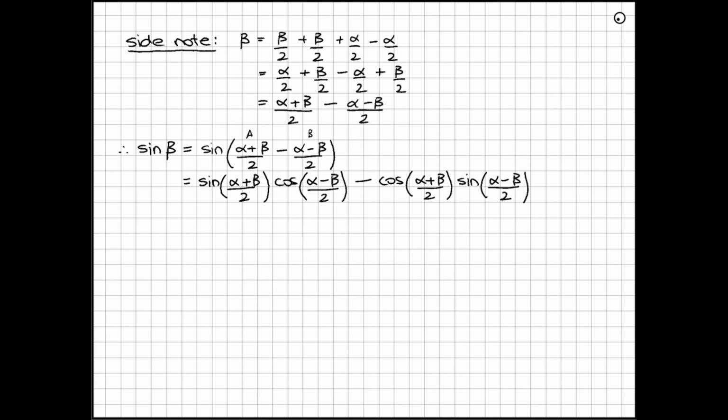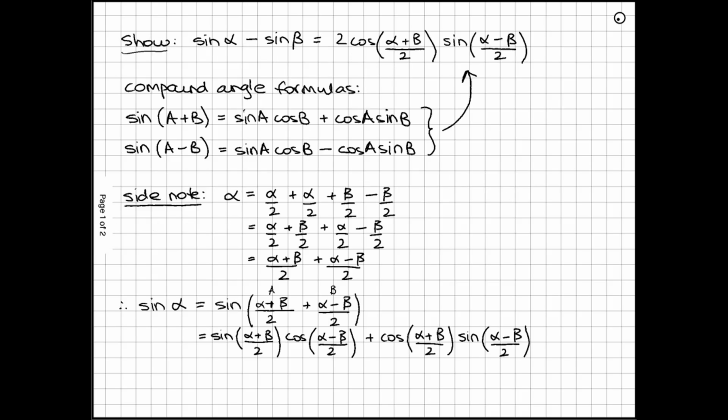And now we've got both sine alpha and sine beta in terms of these alpha plus beta on 2 and alpha minus beta on 2. So now we can bring them together. We can say, therefore, sine of alpha minus sine of beta, which remember is what we were focused on, that's our left-hand side.